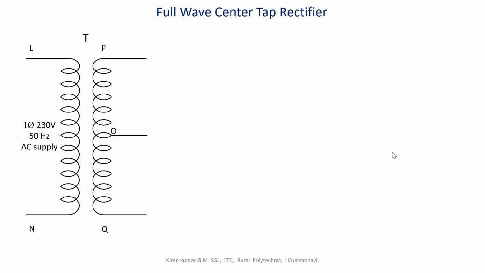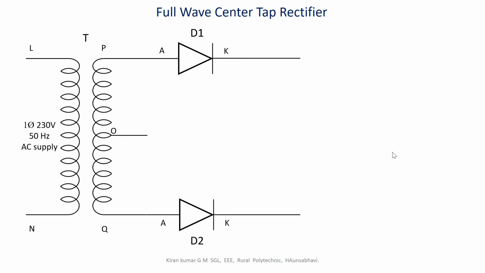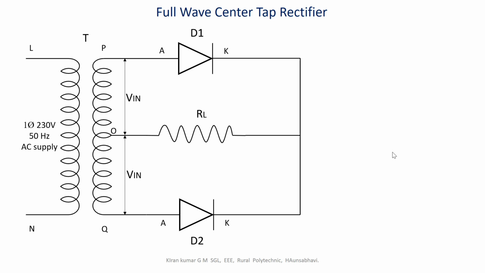Now, this circuit uses two diodes D1 and D2 as shown in the figure, and a load resistance is connected through these points to the center tap O. The input voltages at the two halves of the secondary terminals are mentioned as Vin, which are exactly the same but opposite in polarity. The input and the output waveforms can be plotted along these axes.